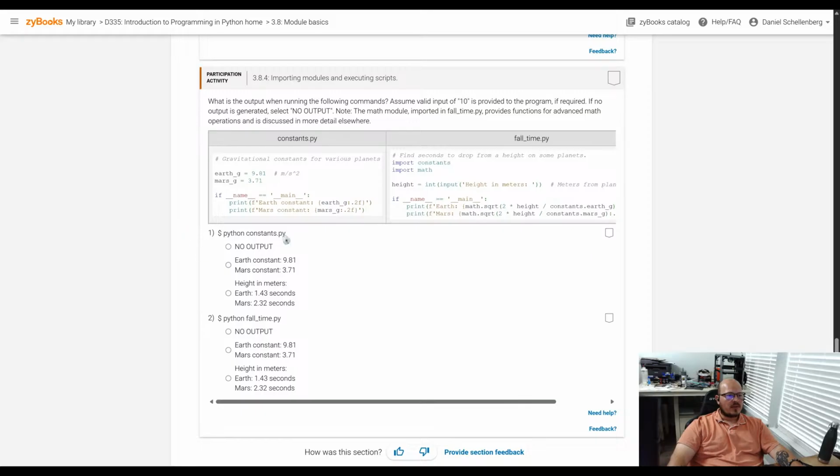So python constants.py, gravitational constant for various planets. So if __name__, okay, print Earth contains Earth_G.